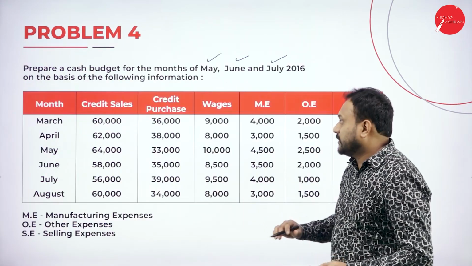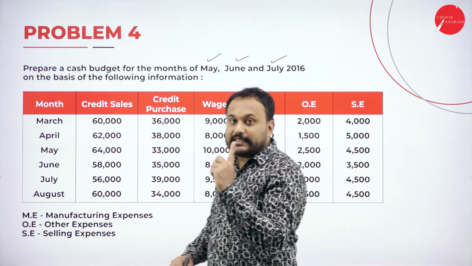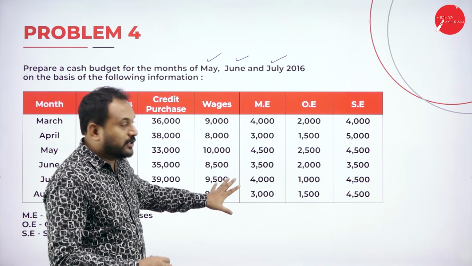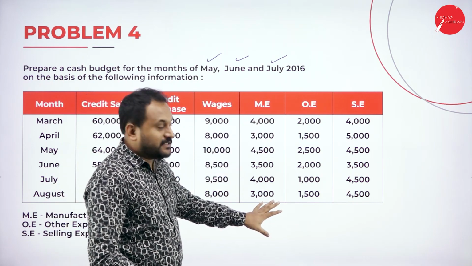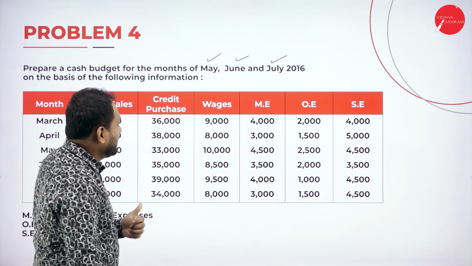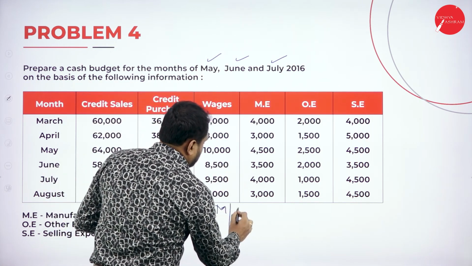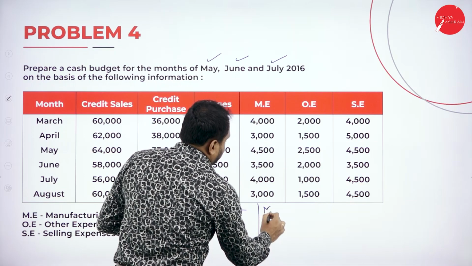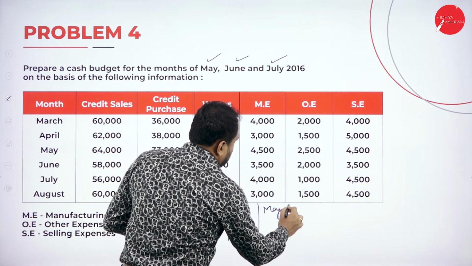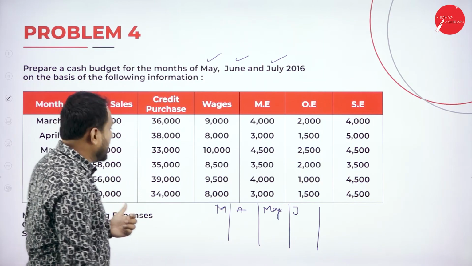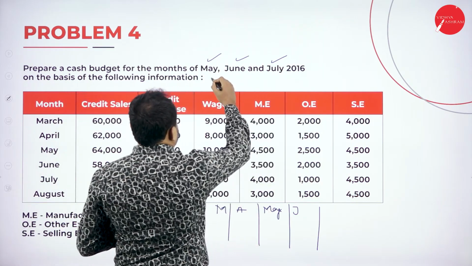Now I'll just show you the working note here itself. Wages. They have not said anything about wages, so you'll go with it. Manufacturing expenses we have, so we will just write this. Now in the month of March, April, then we have May, June, and you have July, August, but we are supposed to only go with May, June, July.